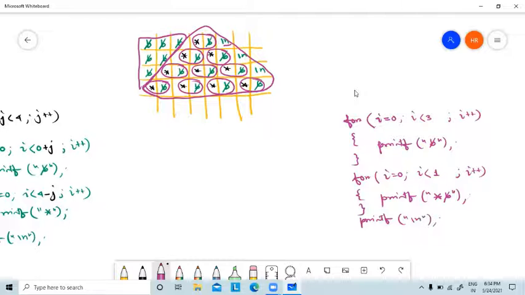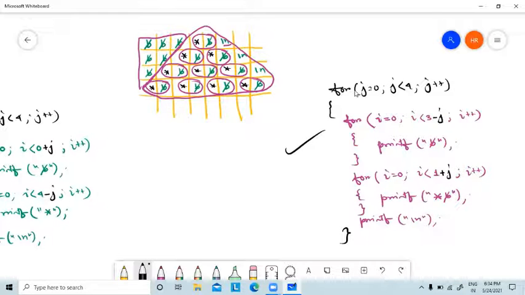Then I am repeating the whole thing, say 4 times. So for j equal to 0, j less than 4, j plus plus, I will repeat all these things. Since the blank space is decreasing with j, so minus j, and this one is increasing, plus j. Done.